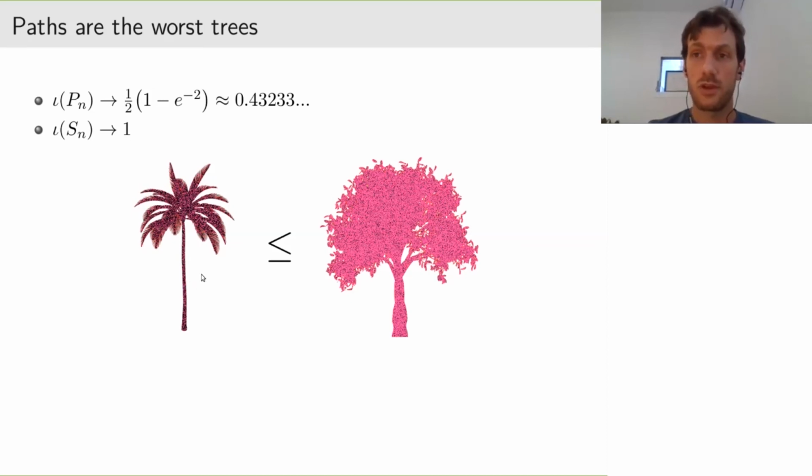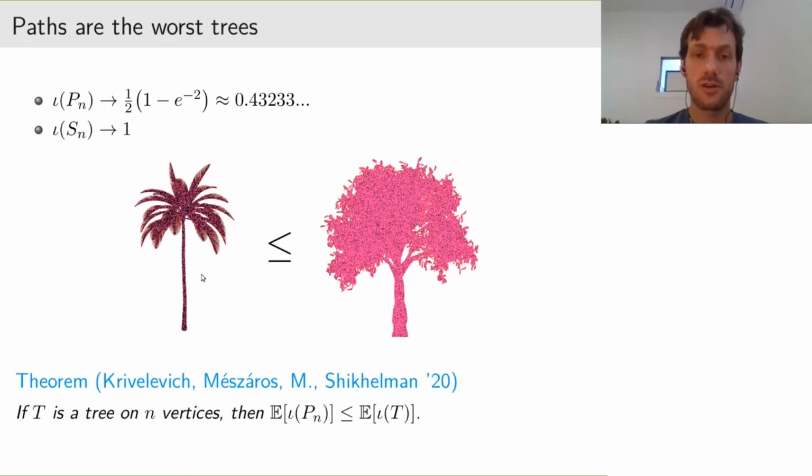So this was what we wanted to show. Instead, we showed the non-asymptotic result, an exact result, meaning that for every fixed number of vertices, the expected size of the greedy independent set on the tree will be at least as large as that on the path on the same number of vertices.